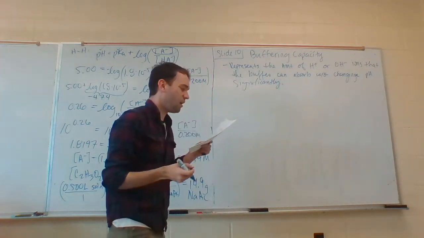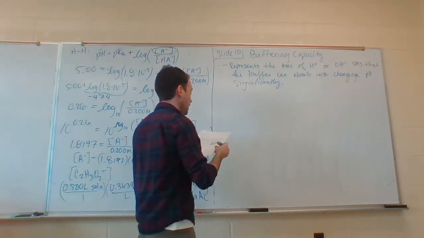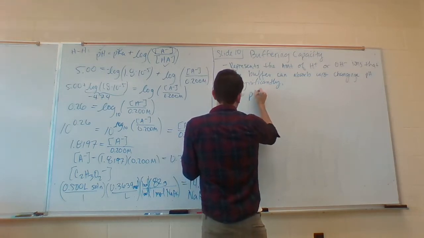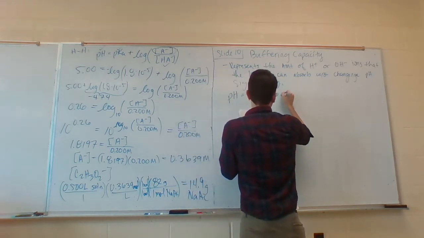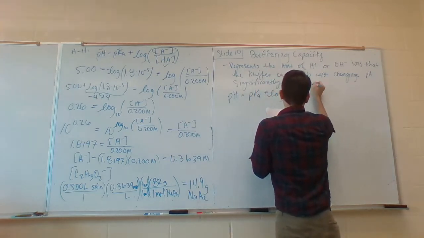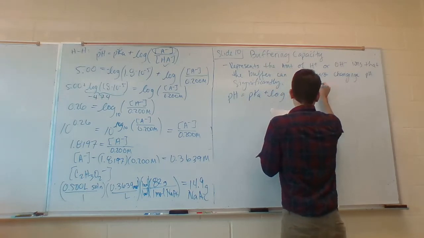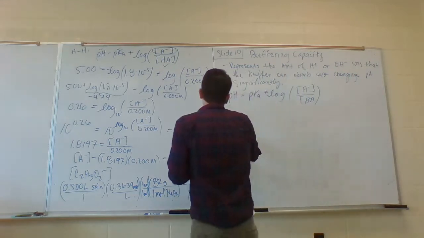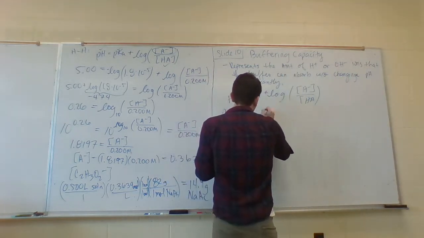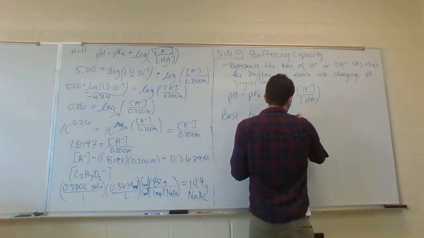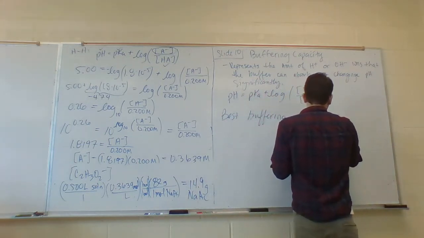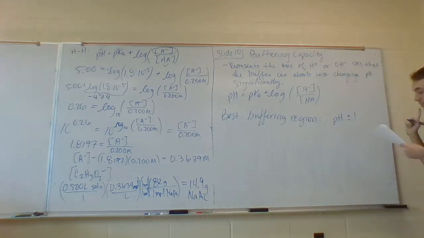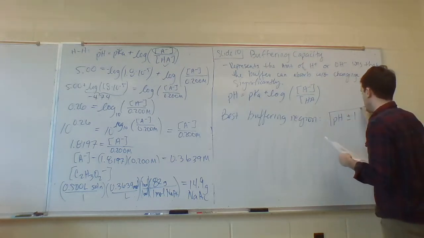Okay? Now, let's say that we use our Henderson-Hasselbalch equation, right? And we say, oh, well, I found my pH is equal to pKa plus the log of my base over my acid, okay? Let's say that we found our pH. Our best buffering region is going to be the pH plus or minus 1 value in pH, okay?